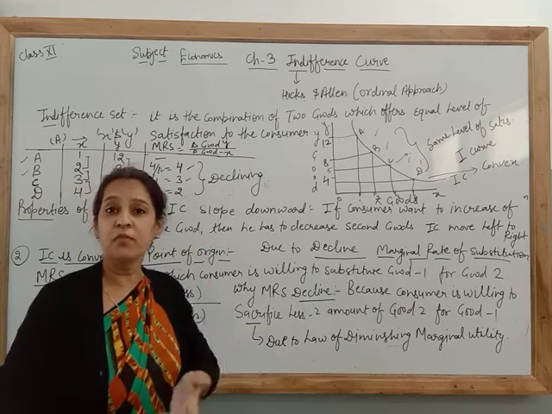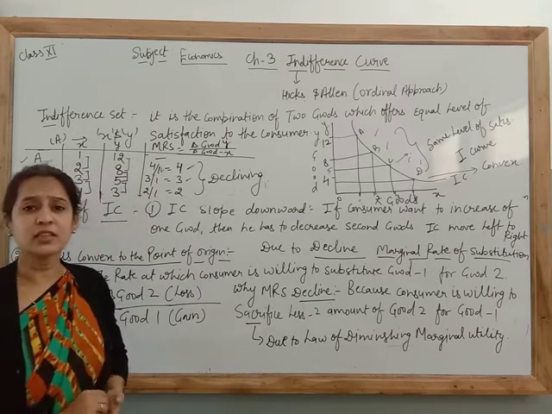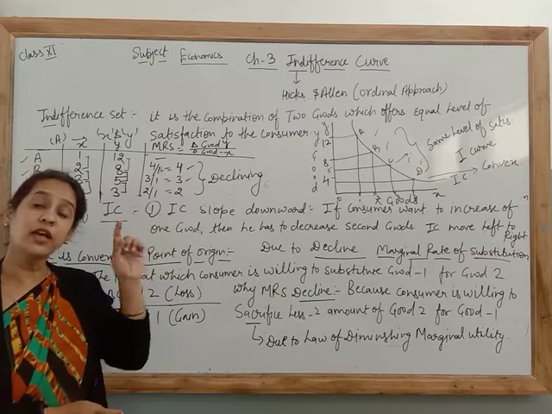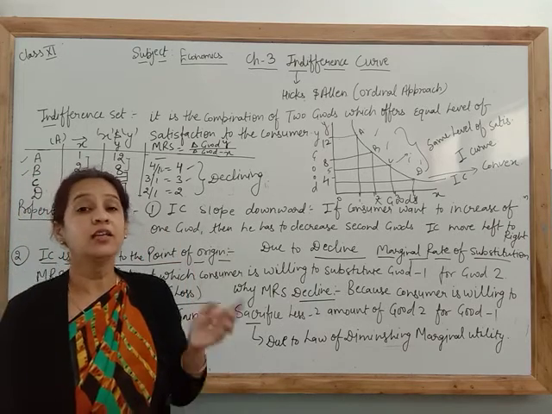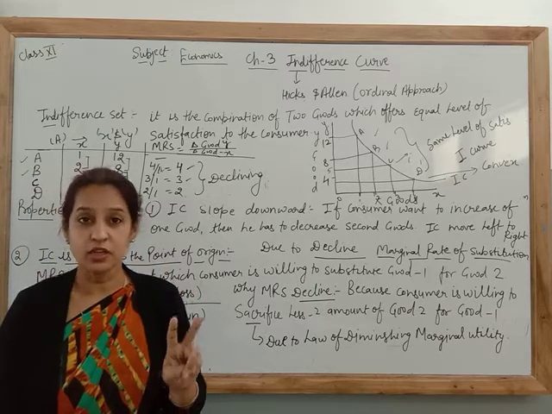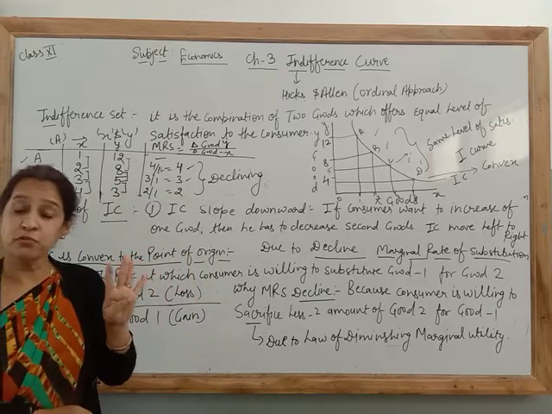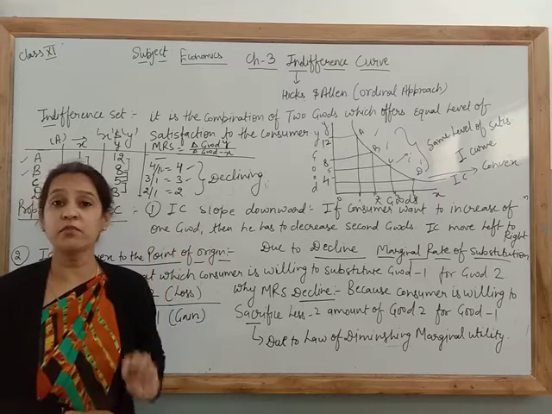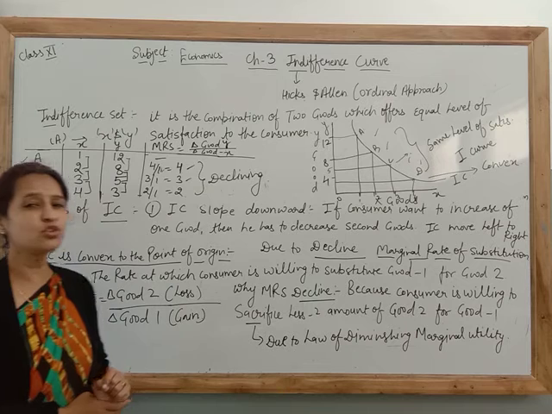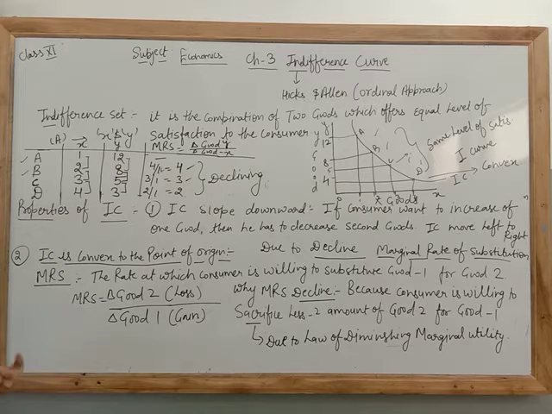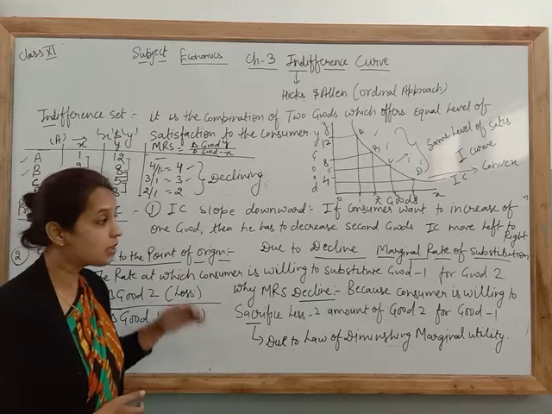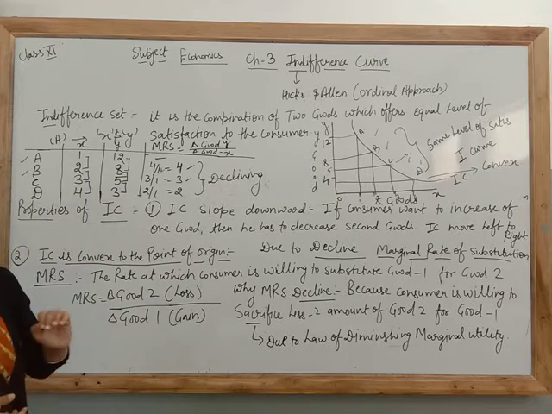Beta, please give him chocolates, definitely I will give you one ice cream. For getting one more ice cream, you have offered him only 2 chocolates. So the first day you offered 4 chocolates, the second day 3 chocolates, and the third day 2 chocolates. So your sacrificing tendency is going on decreasing. Clear? The substitution rate is decreasing.